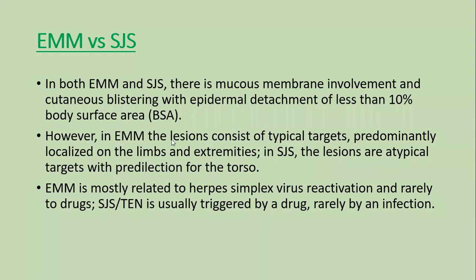However, erythema multiforme major lesions consist of typical targetoid lesions localized to limbs and extremities, while in Stevens-Johnson syndrome, the lesions are atypical targets with predilection for the torso. EMM is mainly related to herpes simplex and Stevens-Johnson to drugs. And the last thing is, constitutional symptoms are less severe in EMM and more in Stevens-Johnson.